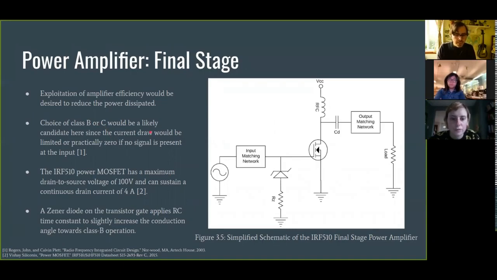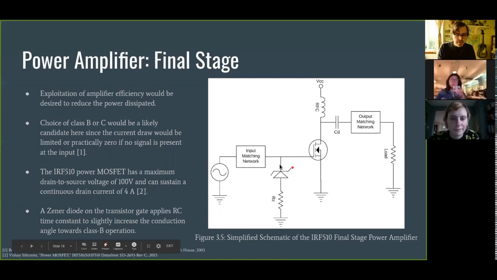So I chose to use this power MOSFET, which has a drain to source voltage of 100 volts. It's quite a lot of voltage and can sustain current of 4 amps. In order to get as much gain out of this as I could, I used this Zener diode to resistor and ground combination.